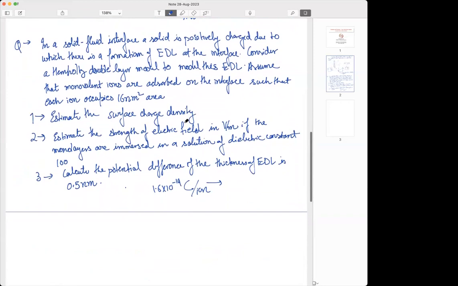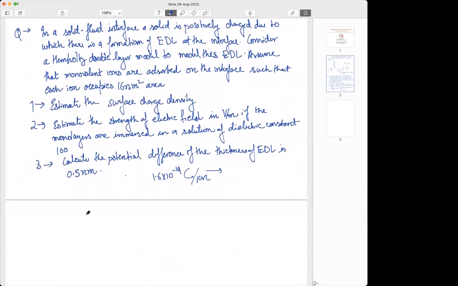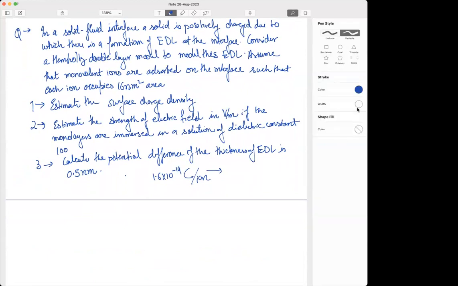So what is the first answer? The first answer is 0.01 coulomb per meter square. Correct. Try the next one. Yes, sir, I'm trying the second one. Surface charge density is 0.01 coulomb per meter square. Correct.